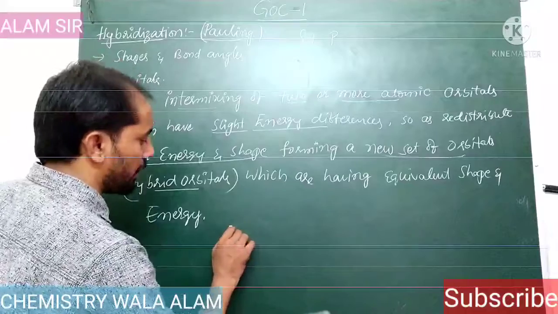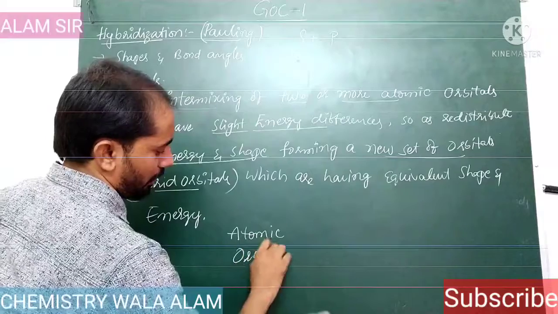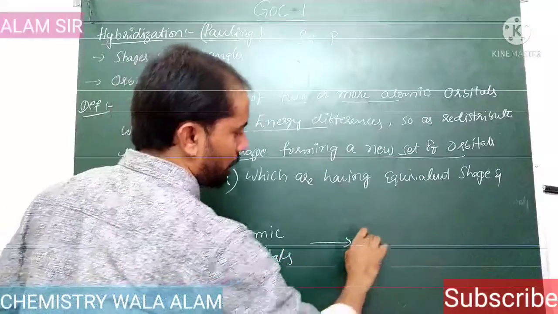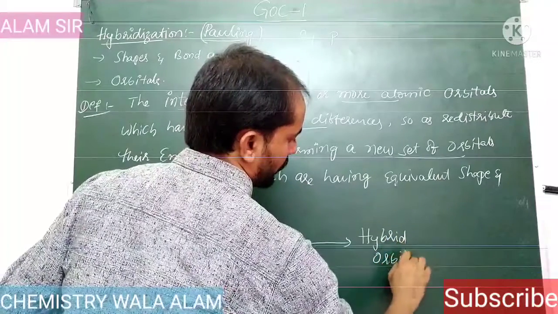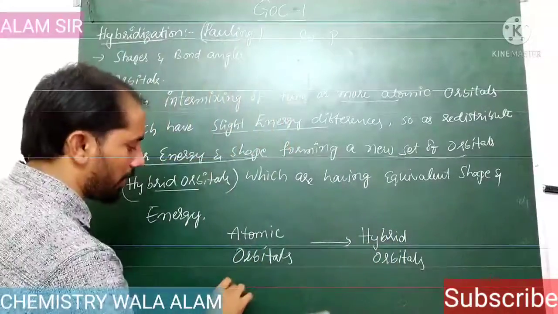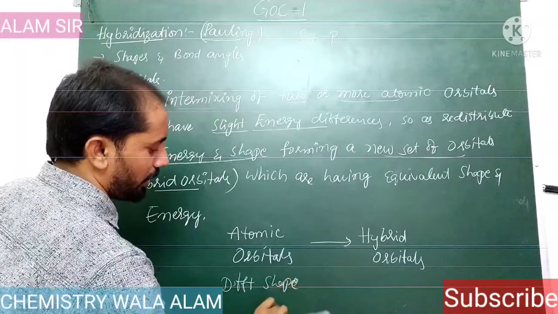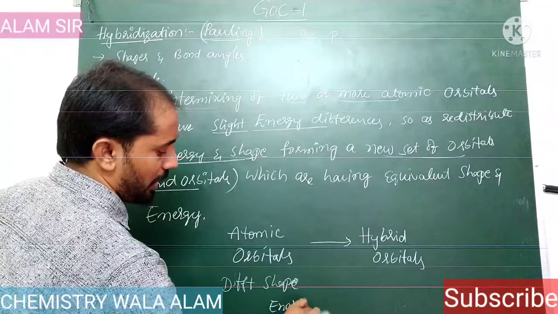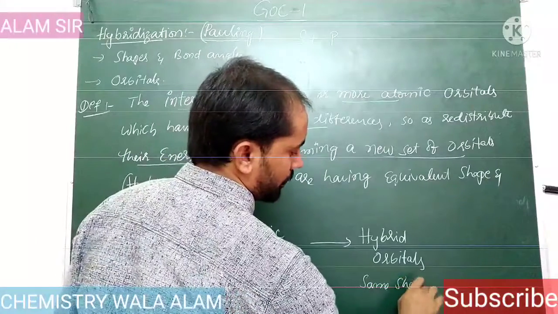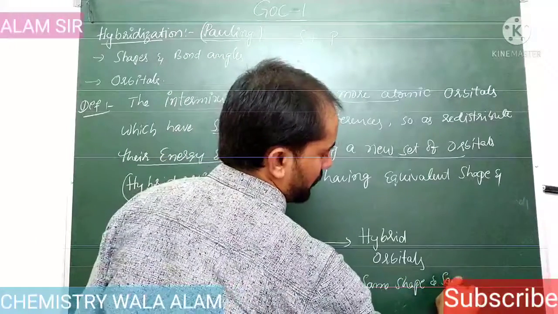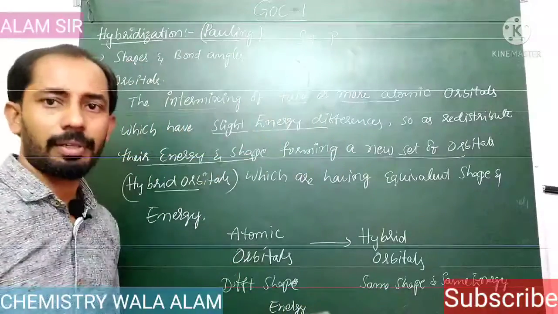So finally, what can we say? Atomic orbitals are redistributed and used as hybrid orbitals. Atomic orbitals have different shapes and slight energy differences, but these hybrid orbitals have the same shape and same energy. Clear?